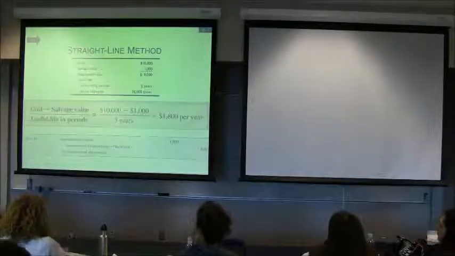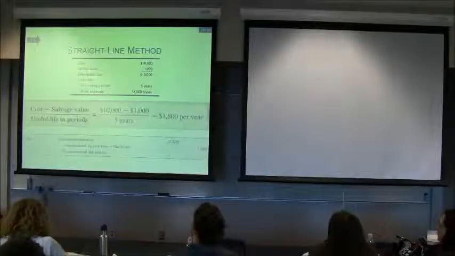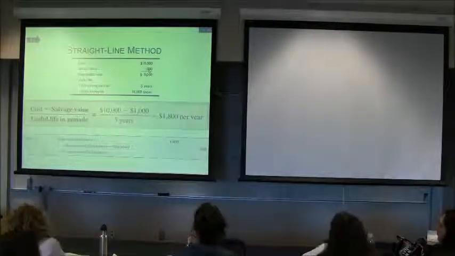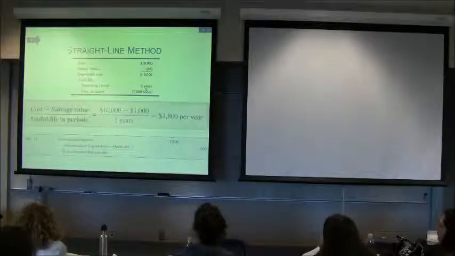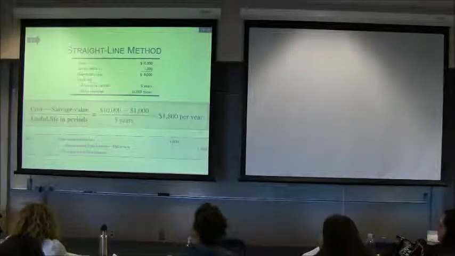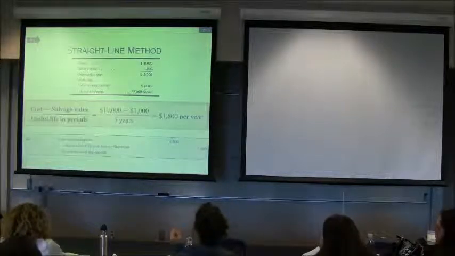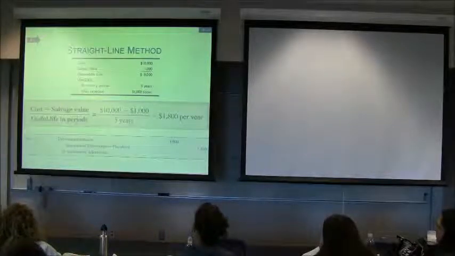So 10,000 minus 1,000 comes out to be the 9,000 depreciable cost. So they paid 10,000 for it. They expect to sell it for 1,000. They expect to lose 9,000 over its useful life of 5 years. The units inspected will show up under the units of production method. Here's cost minus salvage value by useful life, the amount per year.